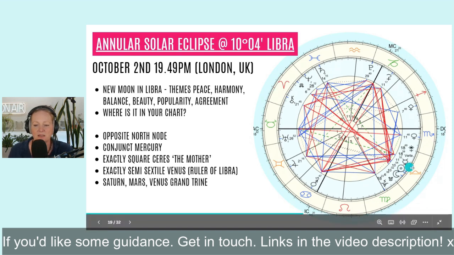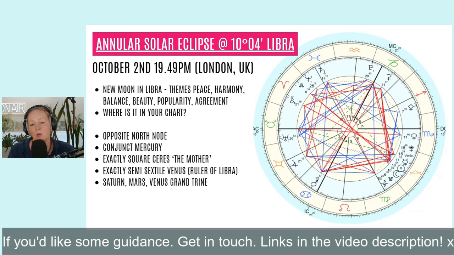So I think this is really highlighting things for women, and what we're choosing for ourselves and how we are in the world. So yeah, I see this as coming back into a sense of natural order, given that we've got Ceres and Venus flowing so beautifully with this new moon annular solar eclipse energy.